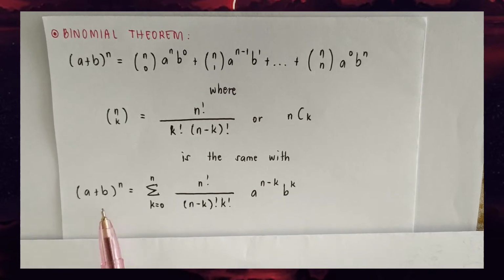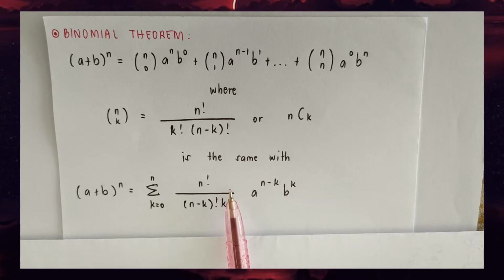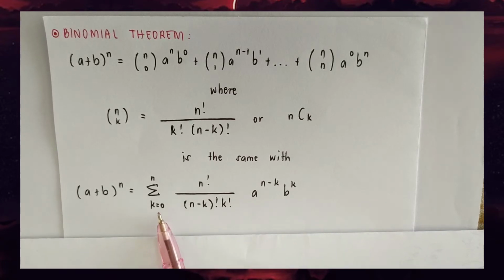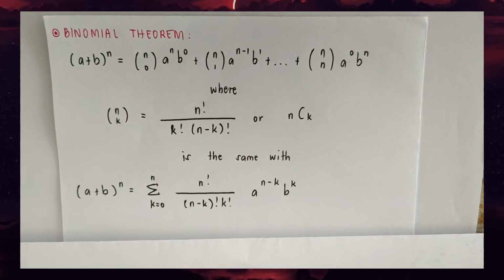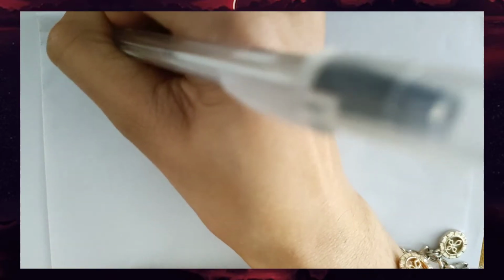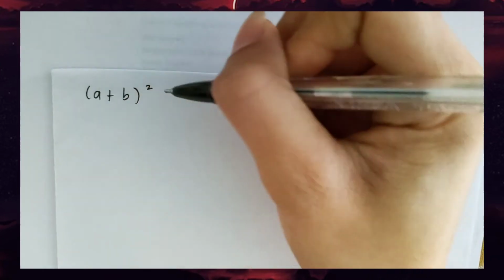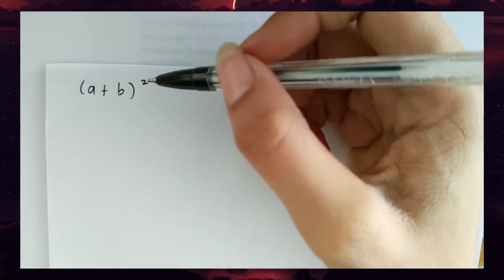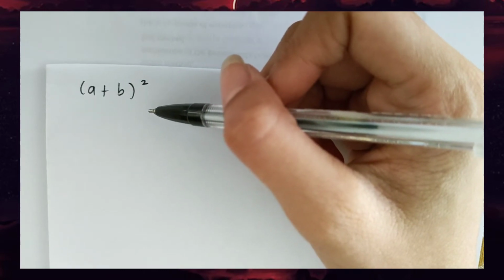Now let us apply the quantity of a plus b raised to n equals the summation of n factorial divided by k factorial times n minus k factorial, a raised to n minus k, b raised to k, from k equals 0 to n, in expanding binomials. Let us prove the quantity of a plus b squared. Let us expand a plus b squared using the binomial theorem formula.